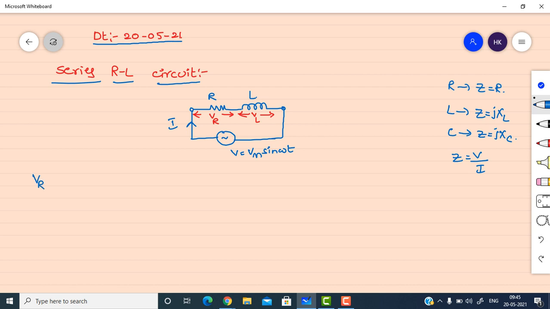So VR is nothing but voltage drop across resistor. And VL is nothing but voltage drop across inductor.